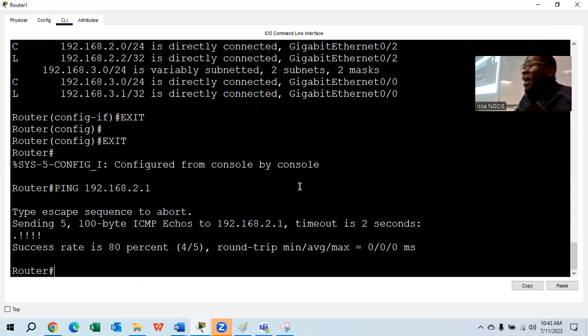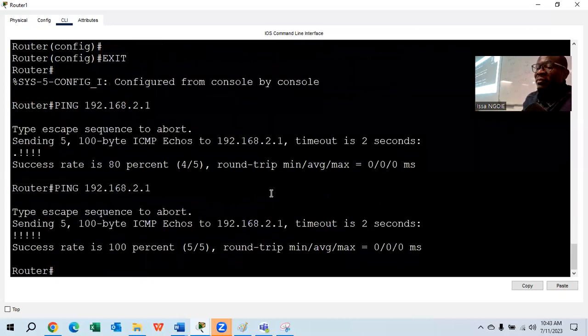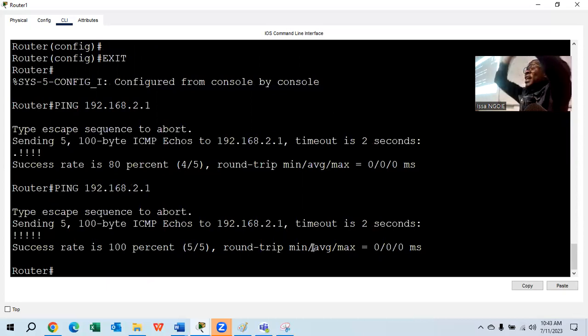Success rate, like 80%, not good enough. You can repeat again. You see here? So success rate is 100. It means that those two routers are connected locally, right?